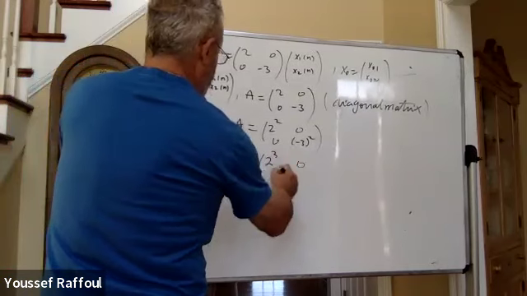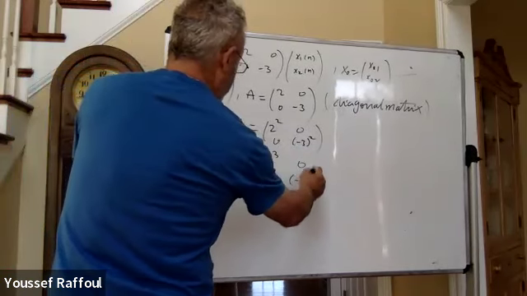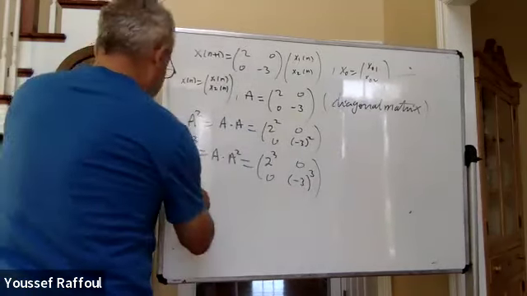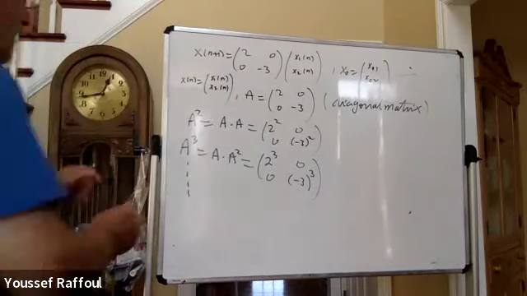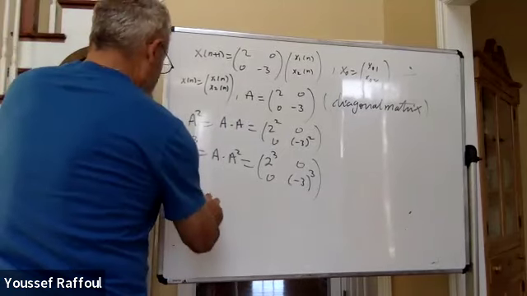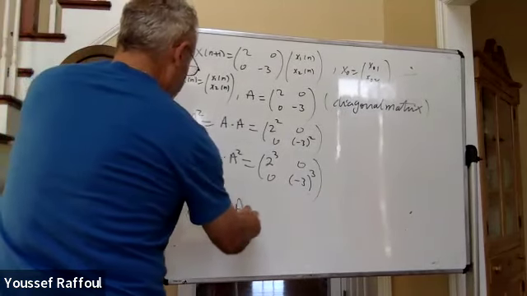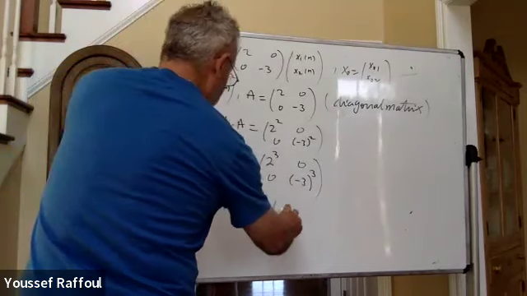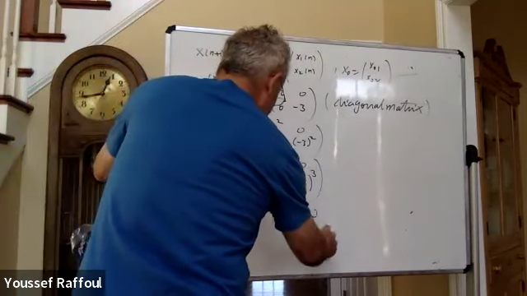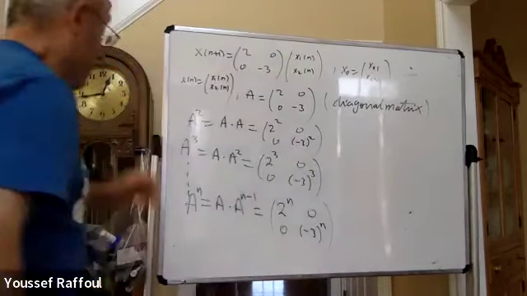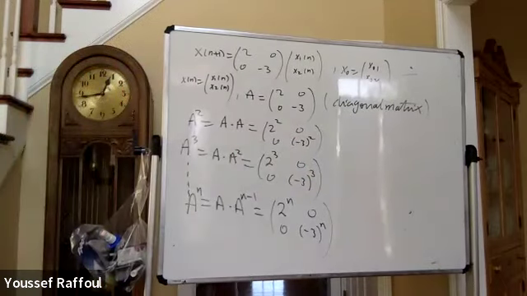That is 2 cubed, 0, 0, minus 3 cubed, and so forth. So you're going to get A to the n is A times A to the n minus 1, and that is 2 to power n, 0, 0, minus 3 to power n. So that is A^n.